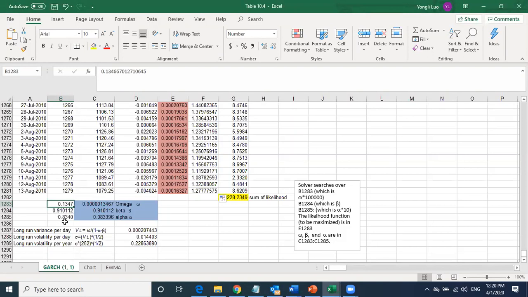For the alpha, we use that number times 0.1 because we give different weight. When you go back to check that using the Solver, this is omega, C1283, which is the omega times 100,000.